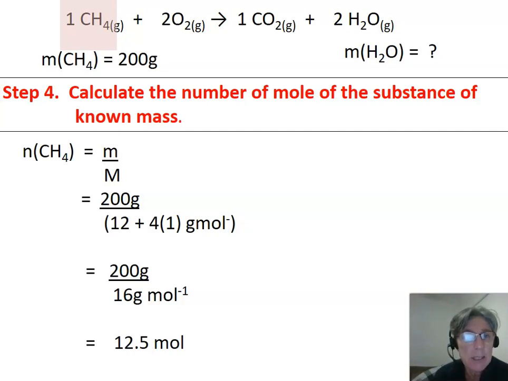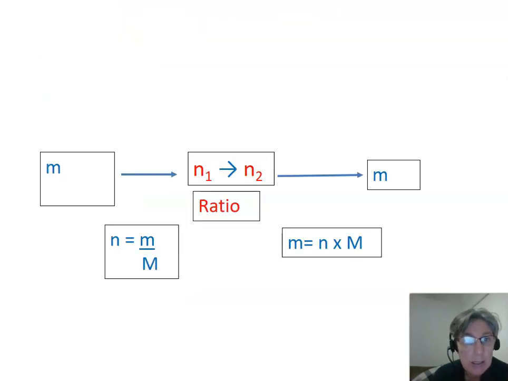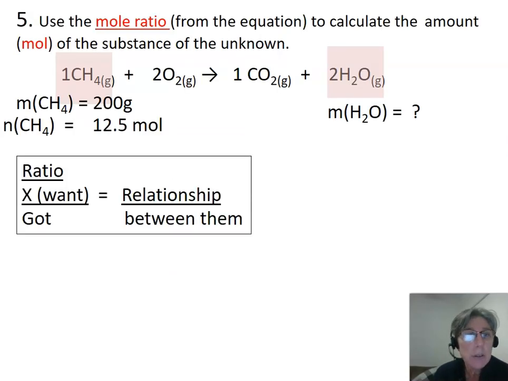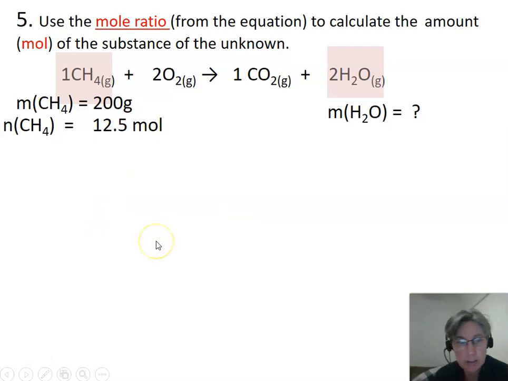Alright, so the second step, we're going from methane to water. So we know we've got 12.5 moles of methane. How much water are we going to make? So we need our ratio. So use the ratio. Remember our ratio: what we want, what we've got, and how do those things go together?